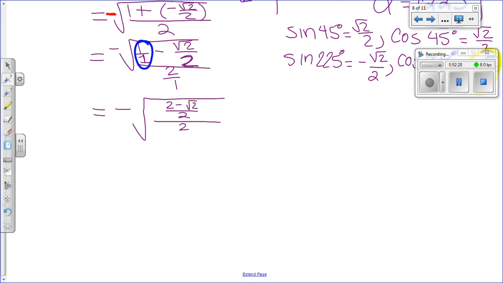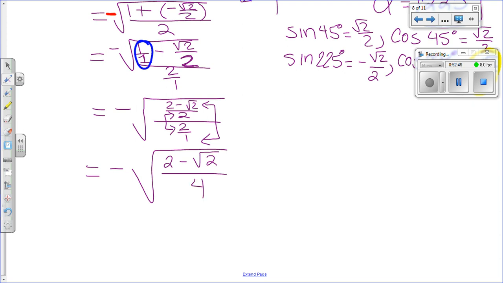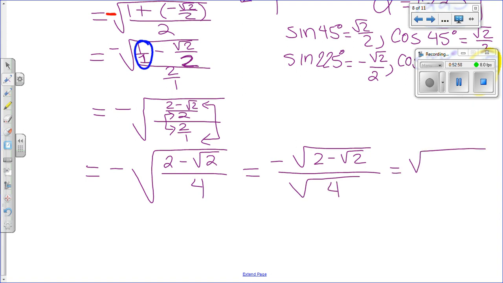The denominator is 2 over 1. So right here, this will reduce, we could use the sandwich rule, so we multiply that times 1. So 2 minus the square root of 2 over, and then we multiply 2 times 2, and that will be 4. Now, what this means is that you could take the square root of the numerator and the square root of the denominator. So once you do that, you will end up with that divided by 2.